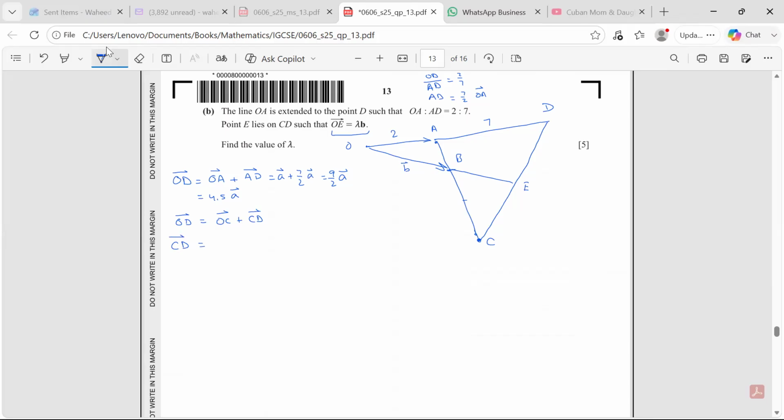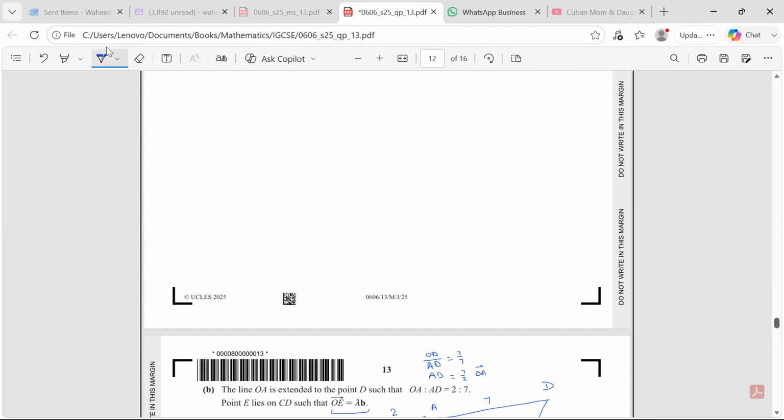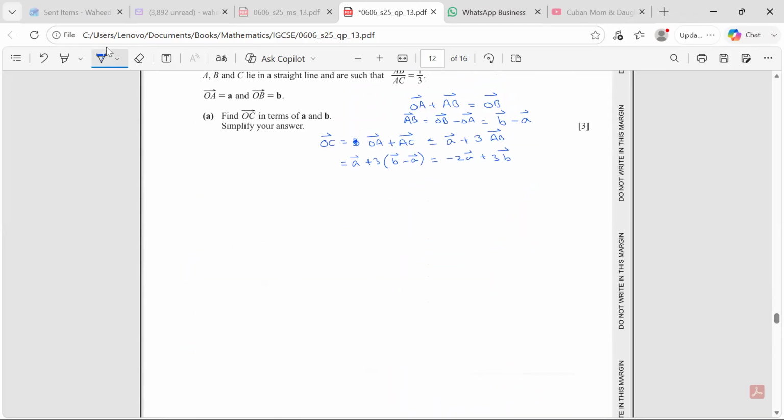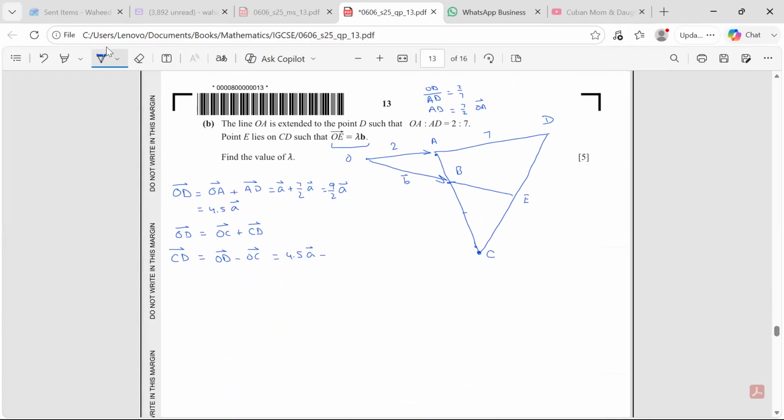Okay, so from here, can you see how much is CD? CD is equal to OD minus OC. OD we have already found as 4.5a, minus OC, which is found in part A, I believe. OC, yeah, is minus 2a plus 3b.